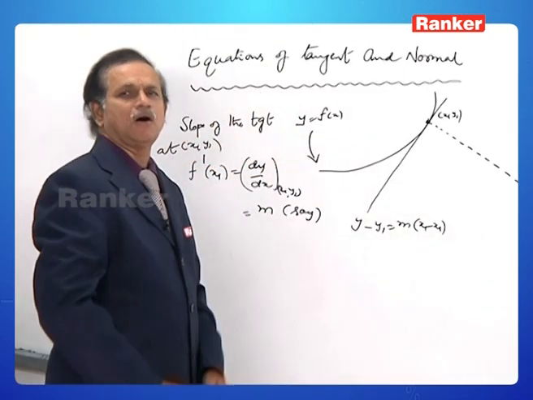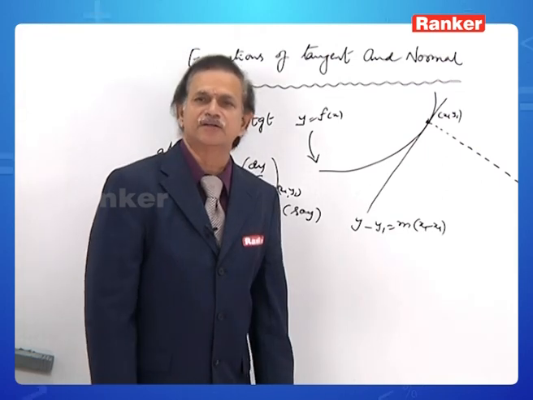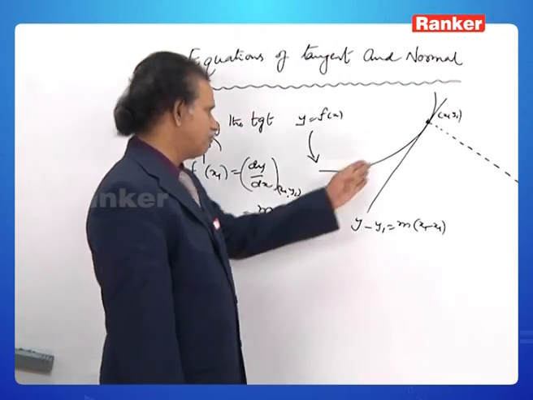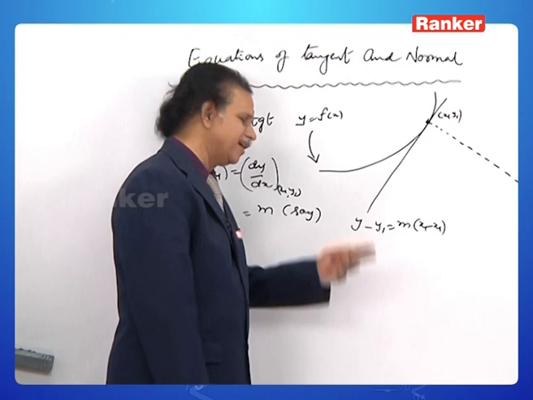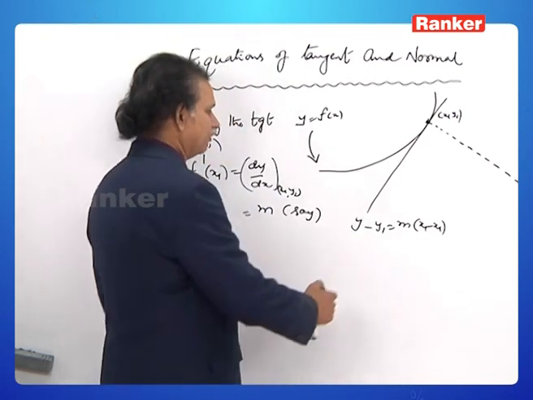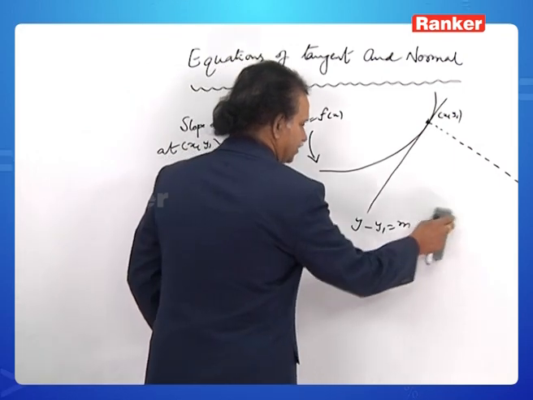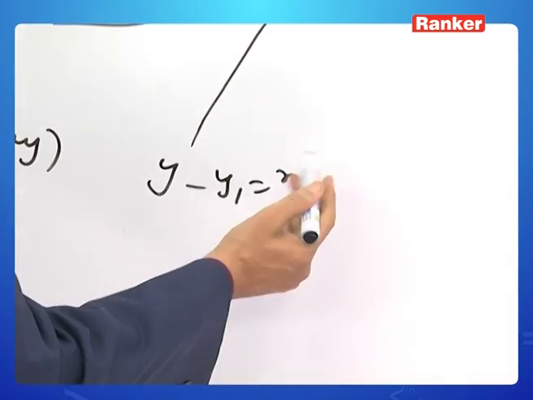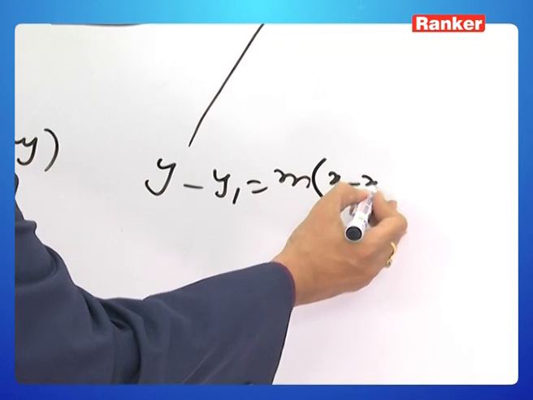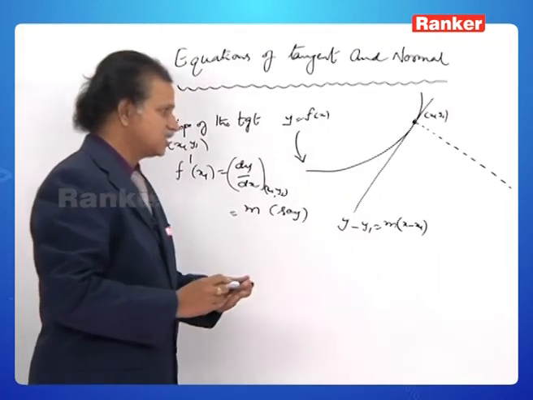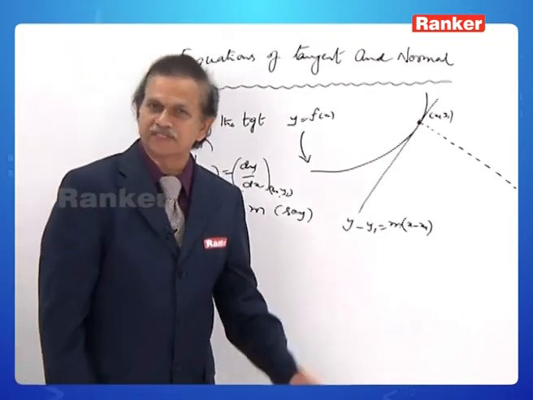With the basic knowledge of straight lines from coordinate geometry, we know the slope of the line and the point x1, y1. Therefore, the equation of the tangent is y minus y1 is equal to m into x minus x1.